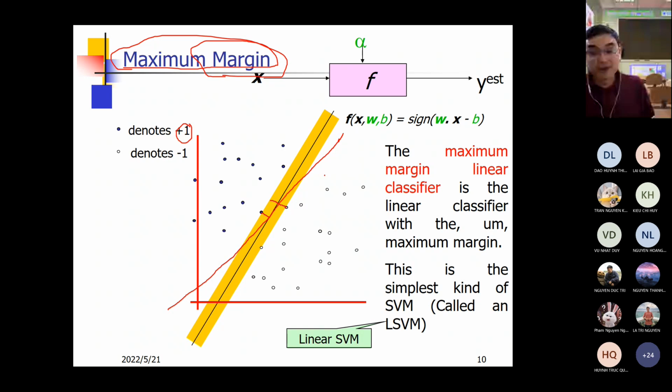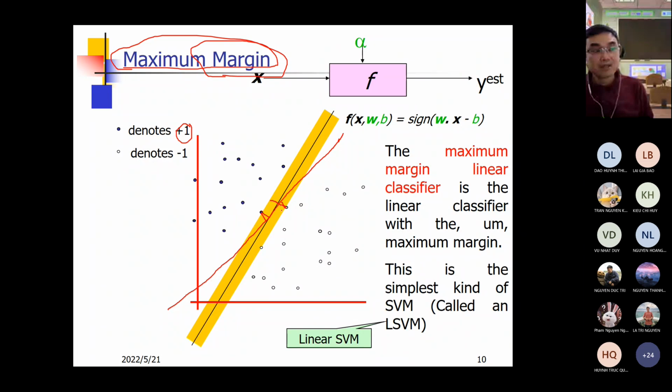With the same method, we calculate the distance from a point of the negative class to this hyperplane, the red line, and we calculate the distance from the positive class to this hyperplane, the red line here.